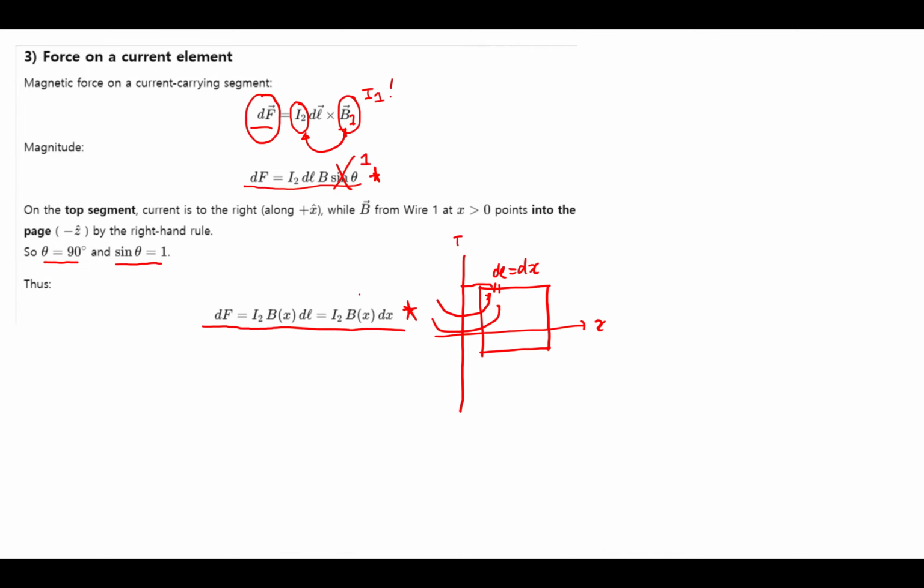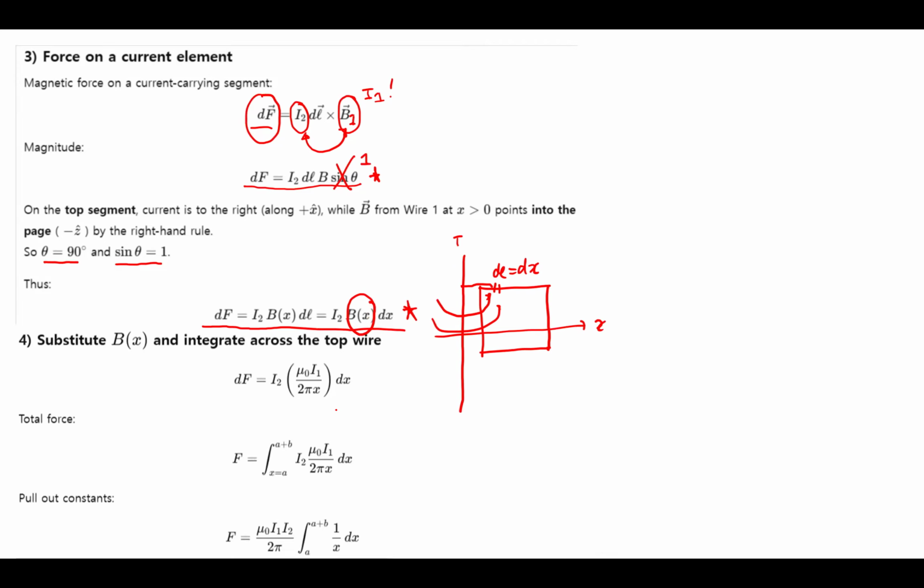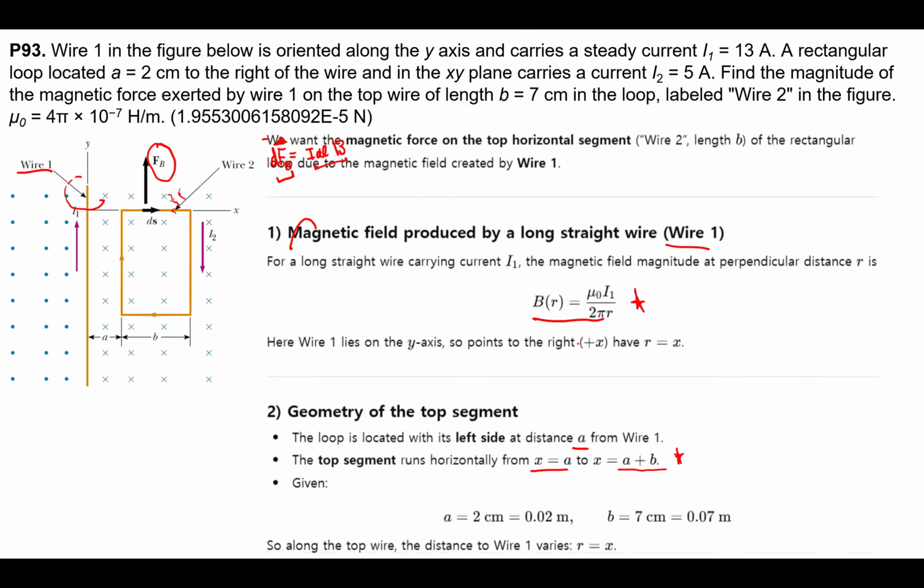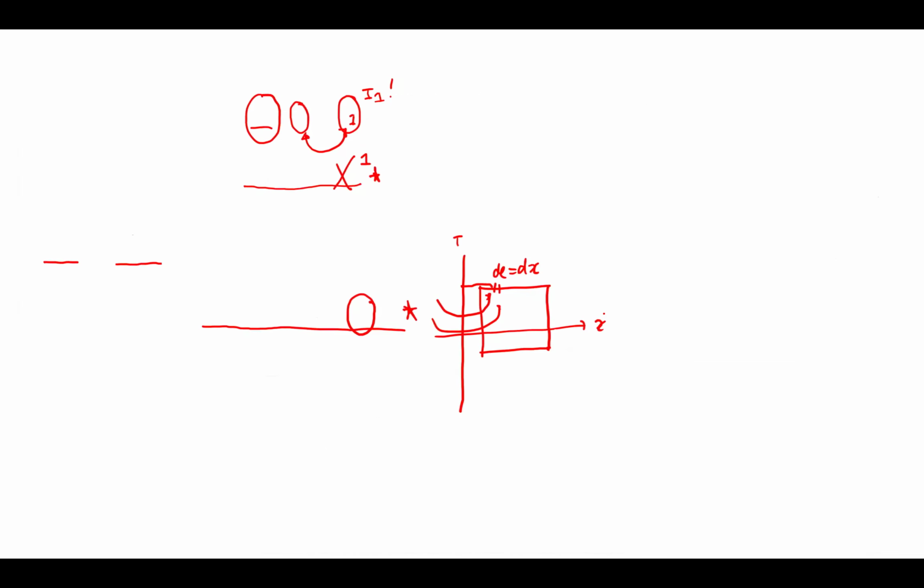That's the reason why we put the B(x). Now let's try to find out what it is. B(x) is nothing but, you just plug in here. So if we have a position x, then it's going to be mu0 I1 over 2 pi x.